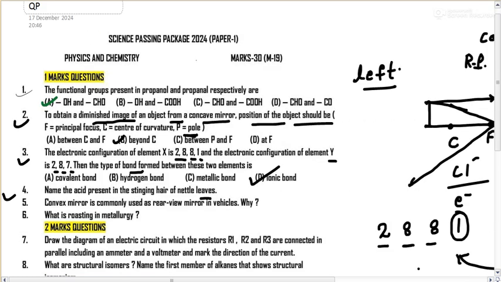Okay, fine. Now question number 5. It says, convex mirror is commonly used as a rear view mirror. Why? So what could be the answer? This is for 1 mark.